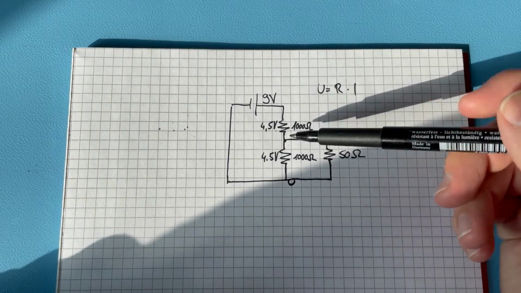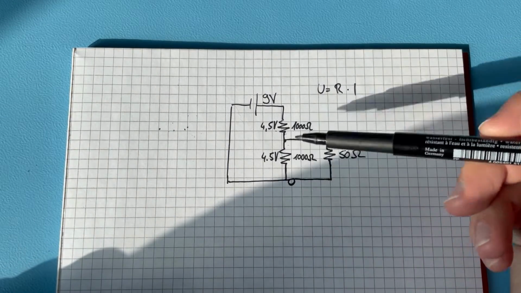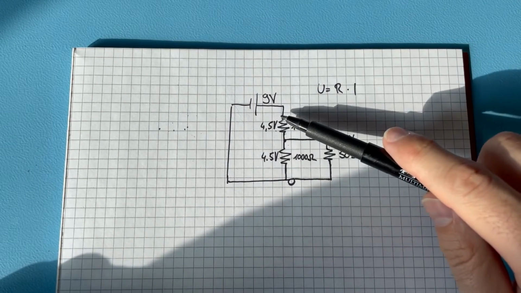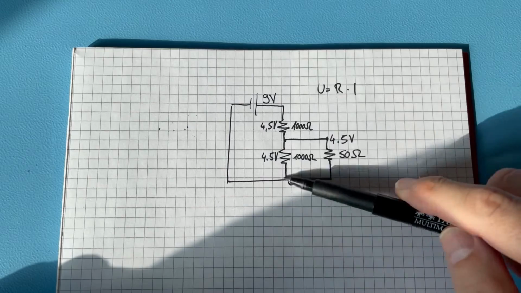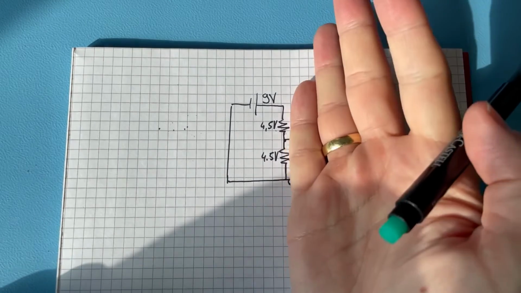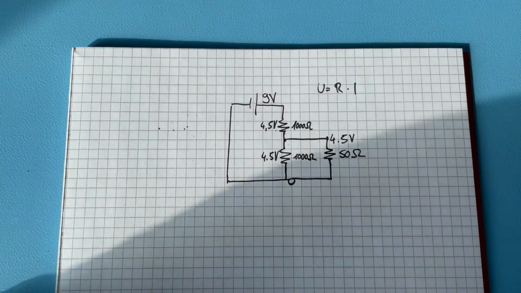When we had only the two 1K resistors, you could calculate the current. You have 9 volt across these two resistors.